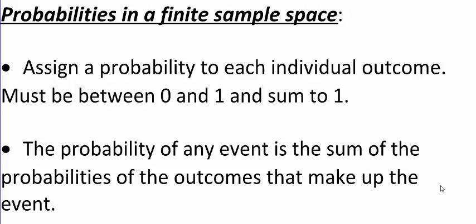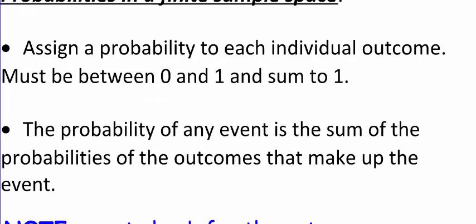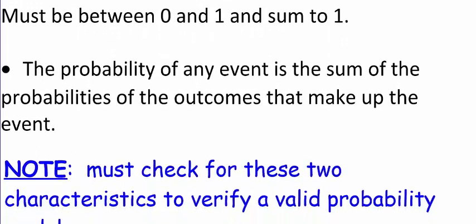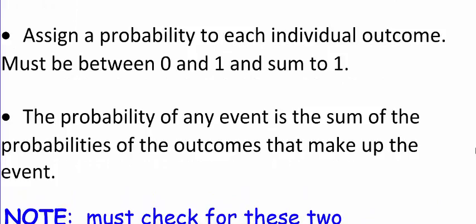And the next thing, the probability of any event is the sum of the probabilities of the outcomes that make up that event. That just means, when we were doing the 2 coins, you can either get 0 heads, 1 head, 2 heads in that flipping of 2 coins.